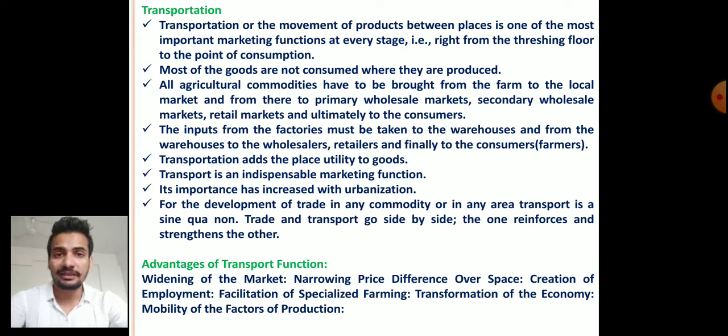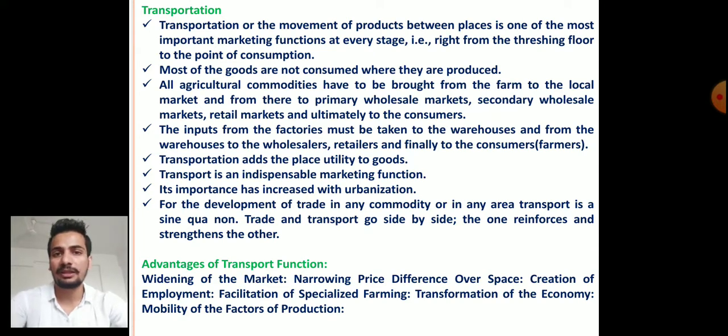So they need to be brought from farm to local market, from local market to the primary wholesale market, from primary wholesale market to the secondary wholesale market, and from secondary wholesale market to the retailer, and from retailers to the ultimate consumers.